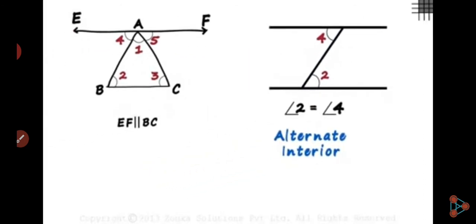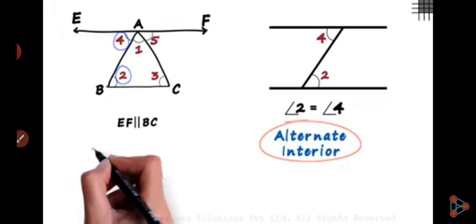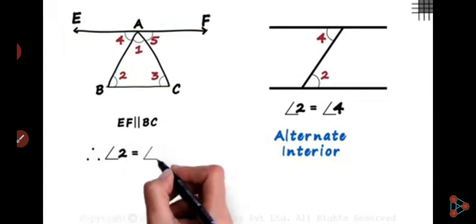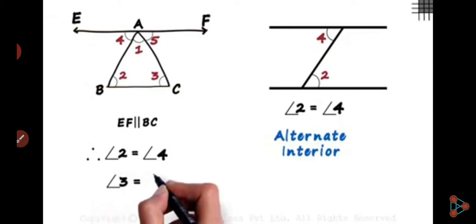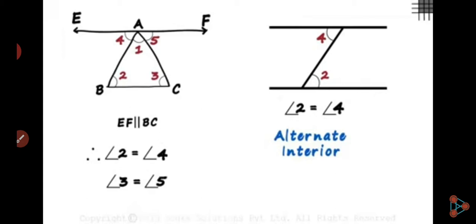Now angle 5 and angle 3 are also alternate interior angles, so they are also equal. Angle 3 is equal to angle 5.